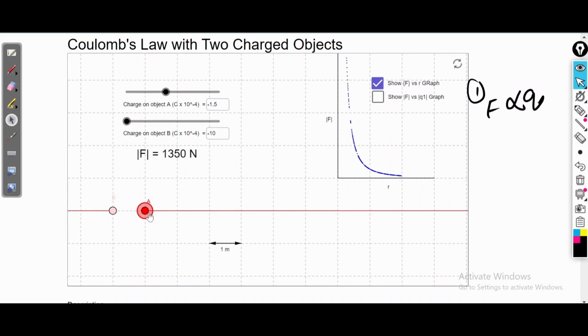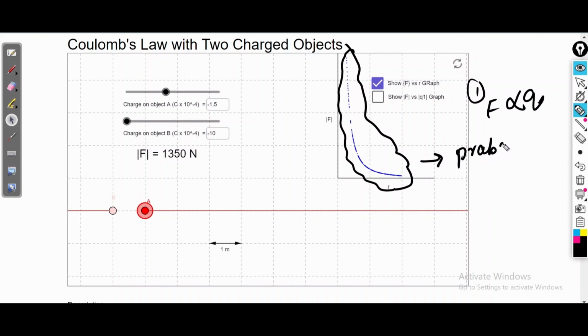And the graph gives us this relation. The name for this relation is a parabola-like structure. In this case the relation of F and R is inverse, but in parabolic form.